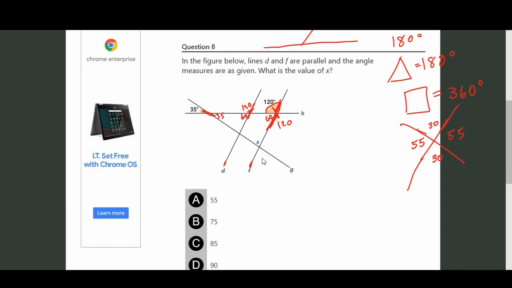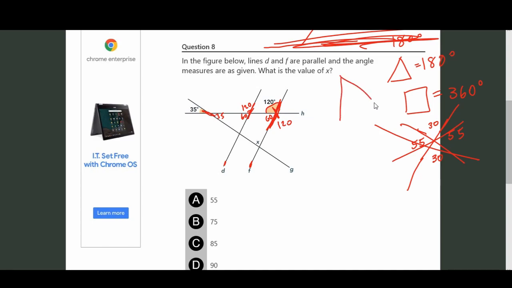Okay? So what else can we use to figure this out? Well, I used vertical angles already, so there's nothing left to do there. I used this information that two angles that form a straight line add up to 180 degrees. I used that, so we're done with that. Now you can see that I have a triangle here that looks like this.